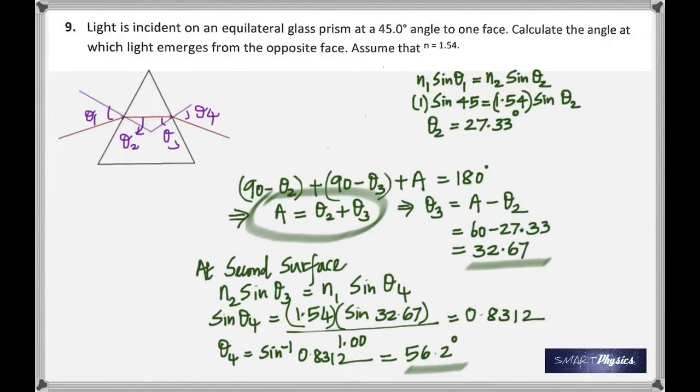Let me show the whole thing because that was a mess up. Alright, so here you got to find theta 2 first, and then use theta 2 plus theta 3 is A to find theta 3, and then use Snell's law again at this point to find theta 4, which is what I've done.